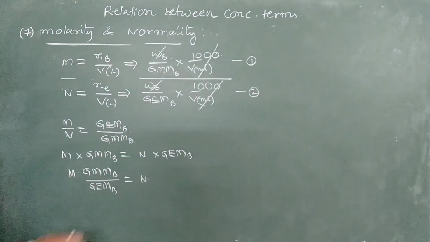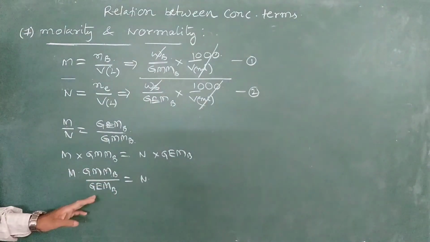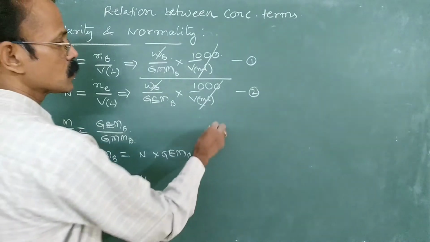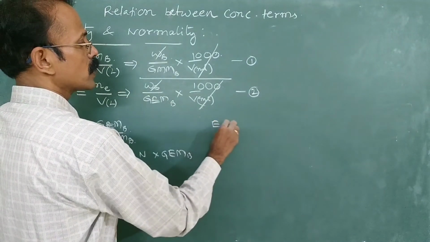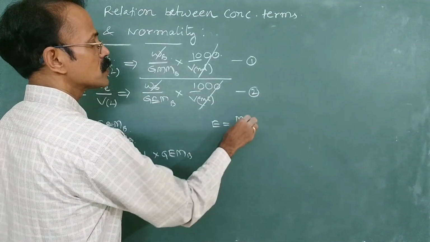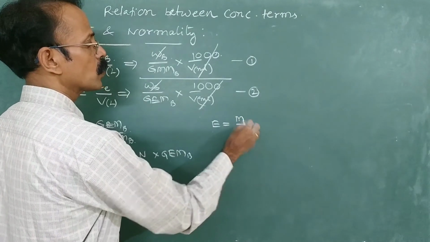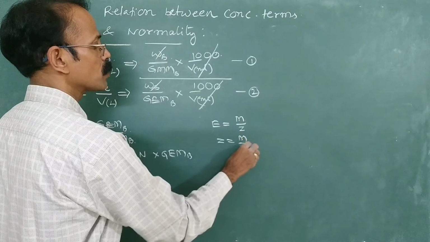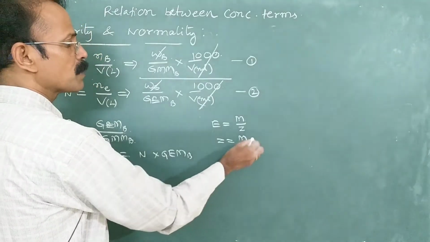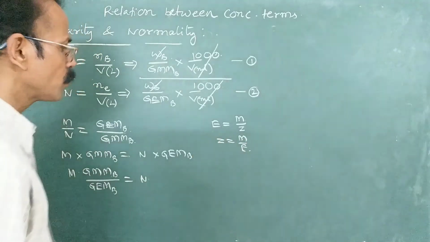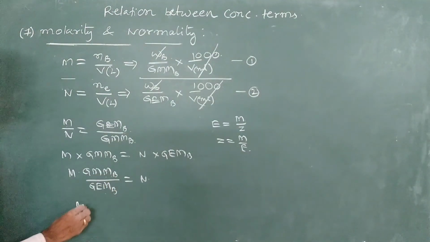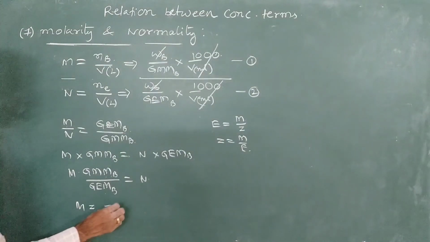Okay, molar mass by gram equivalent mass, that is equal to valence factor. Because equivalent mass is equal to what? Molar mass divided by valence factor. Okay, so valence factor is equal to what? Gram molar mass by gram equivalent mass is equal to valence factor Z. Okay, so that is equal to normality.